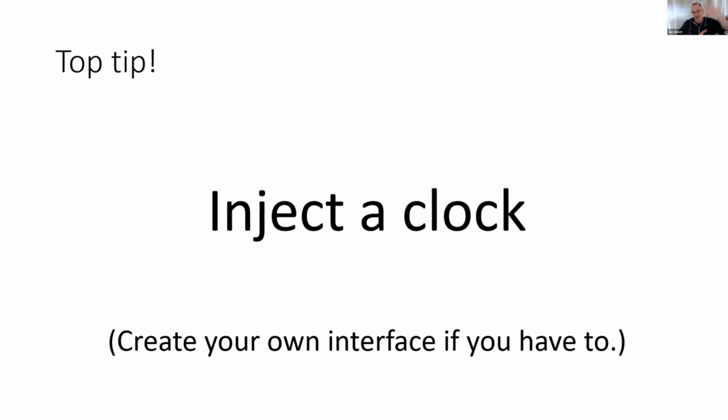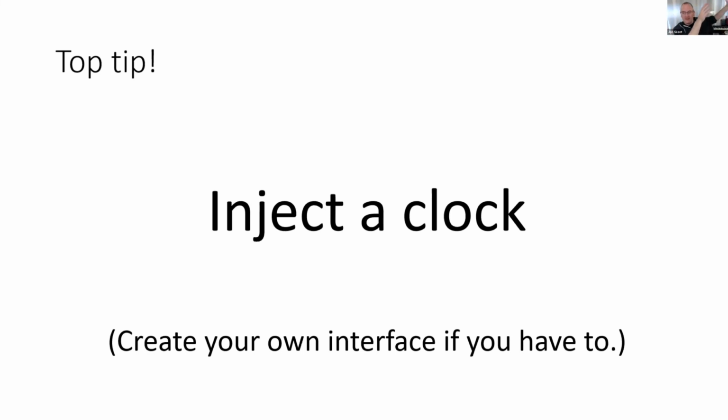Have that as an abstract class and interface, again, whatever is appropriate for your platform. And then you can have a singleton. I'm not generally a fan of singletons, but your system clock really is a natural singleton. A system clock singleton implementation that then refers to DateTime.UtcNow, or System.currentTimeMillis, whatever it is.